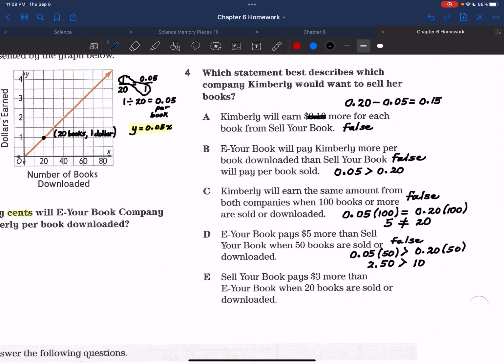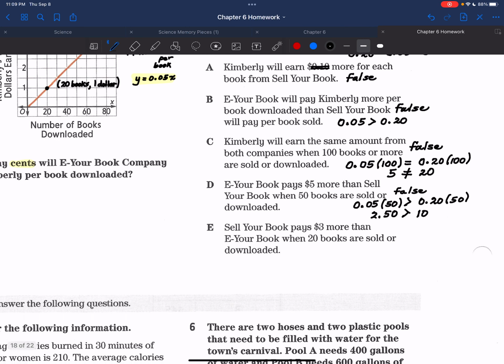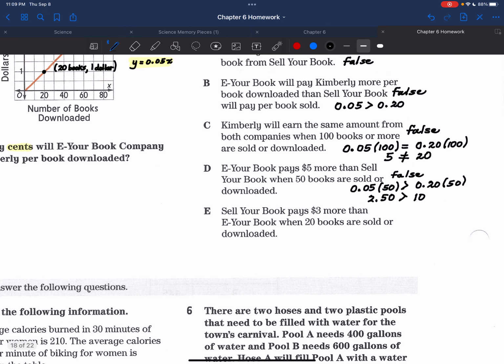Sell Your Book pays $3 more than E-Yearbook when 20 books are sold or downloaded. Well, Sell Your Book is 20 cents per copy, and we're going to do 20 copies. So 20 cents times 20 books is $4. Then E-Yearbook pays a nickel per copy for 20 copies, and that is going to be $1.